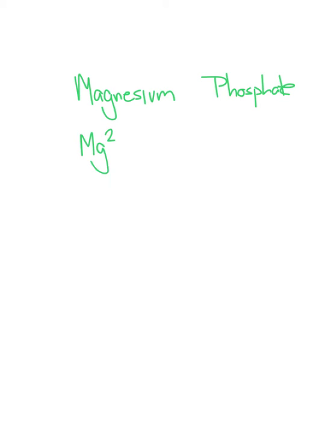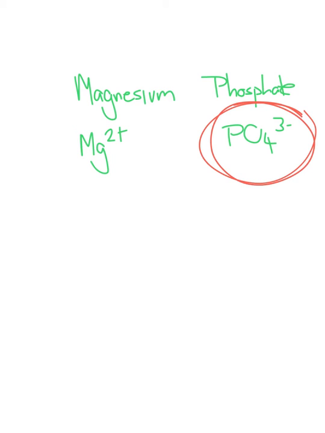What about the harder ones, like magnesium phosphate? With magnesium phosphate, we've got Mg2+ and PO4 3-. Now this PO4 3- is one whole entity. It's not saying that the oxygen is 3-, it's saying that the whole PO4 molecule is 3- overall, and it would look something like this.